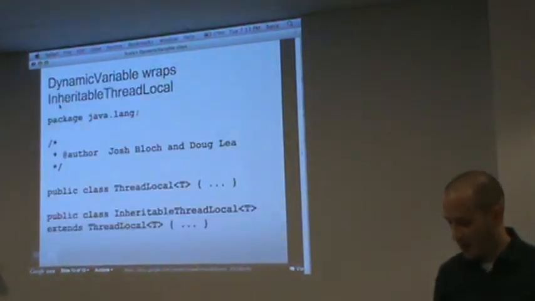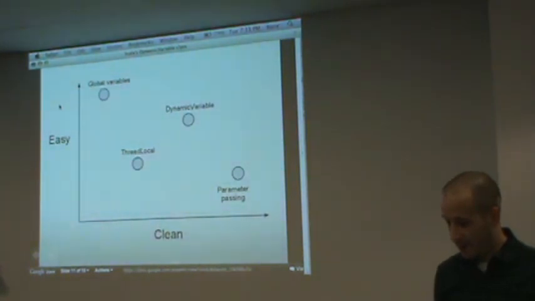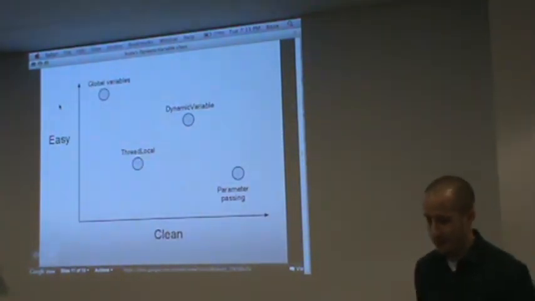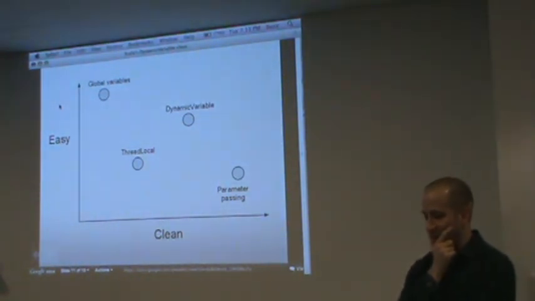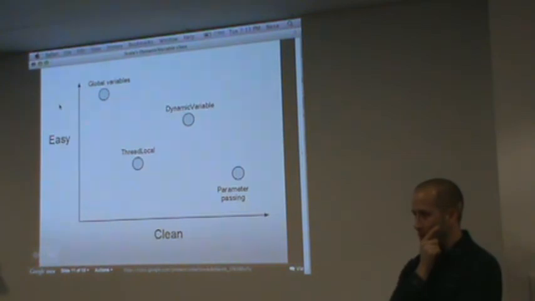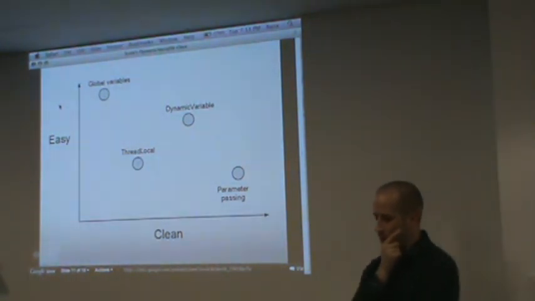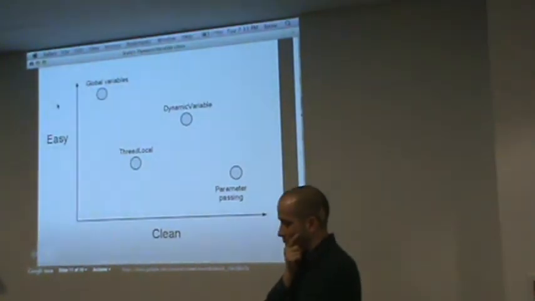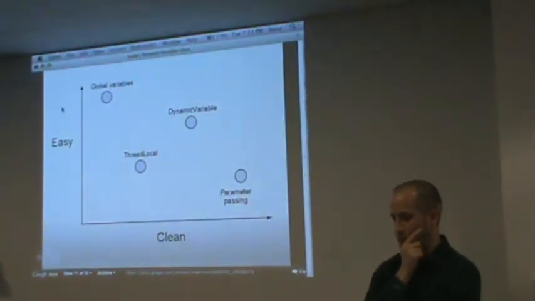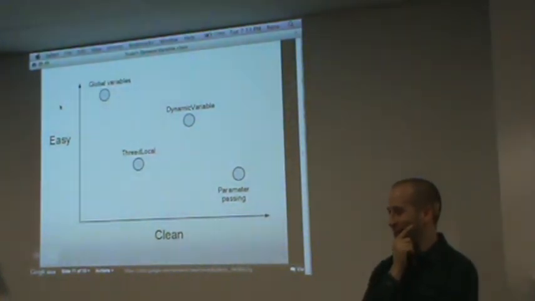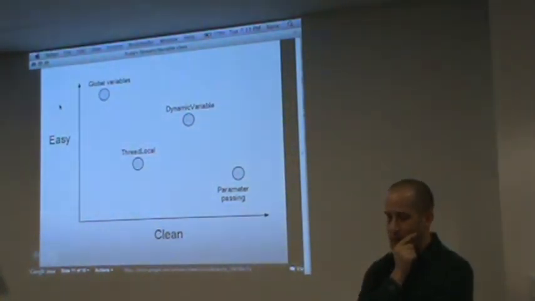On this slide, where I have the dynamic variable solution, I have it as only partly clean because it's not type safe, so there's nothing preventing me from violating the stack discipline in various ways.